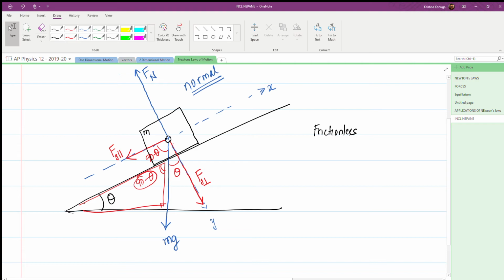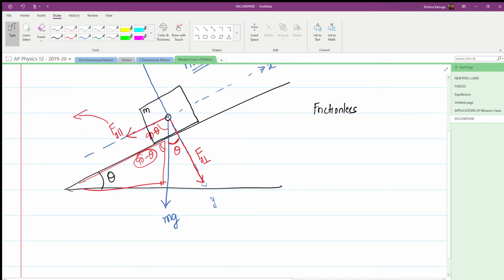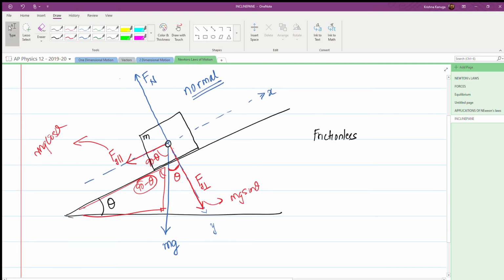Now let's go through the logic here. From writing vector components, when you look at this angle theta, the common mistake that people make is that, because there is an angle theta, they might end up saying that this component is mg cosine theta, and that this component, the y component, is mg sine theta. If you did that, you made a mistake.